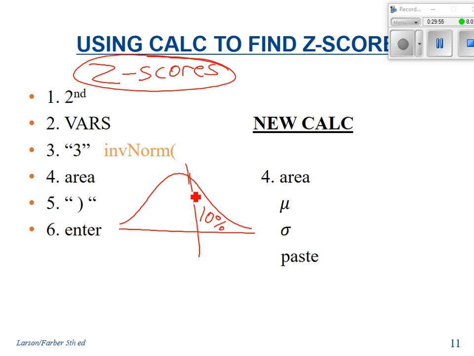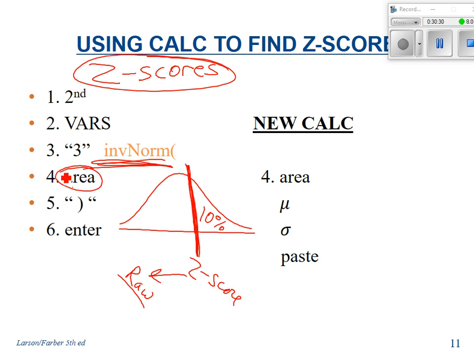Then they're going to figure out what that z-score is, and then use that z-score to change to their raw score, however they're scoring that certain group of people. Go second, bars, inverse norm. Make sure you're getting the right thing. Punch in the area. That's all you have to punch in if you want a z-score.